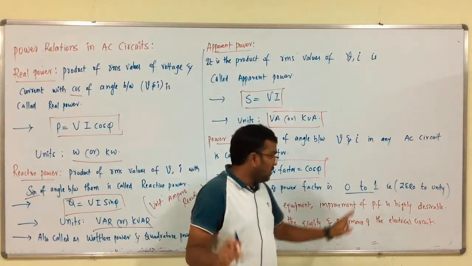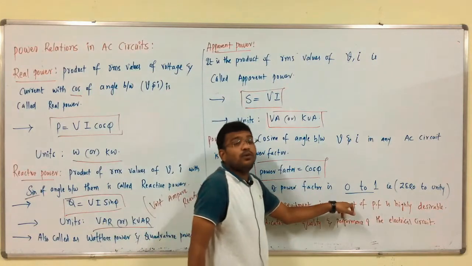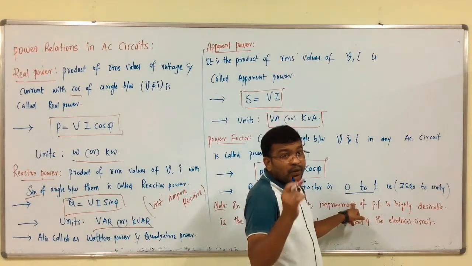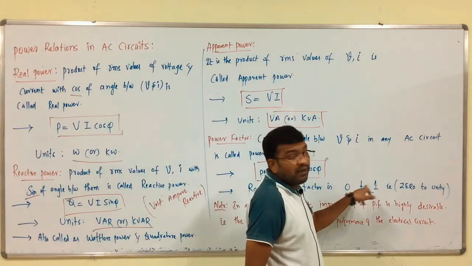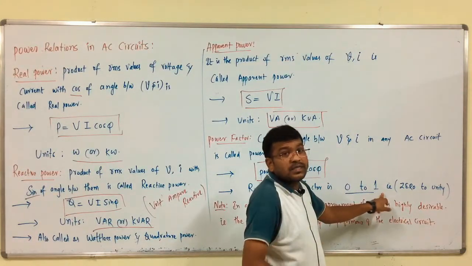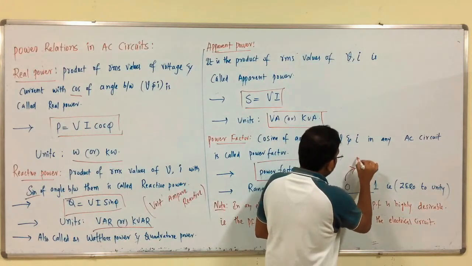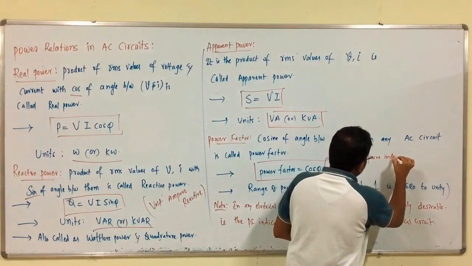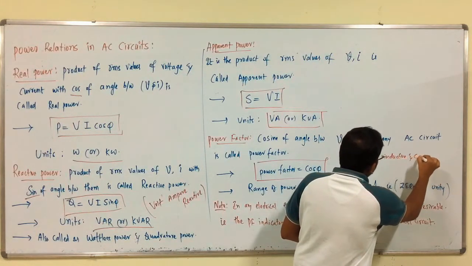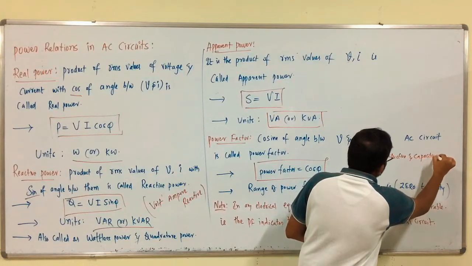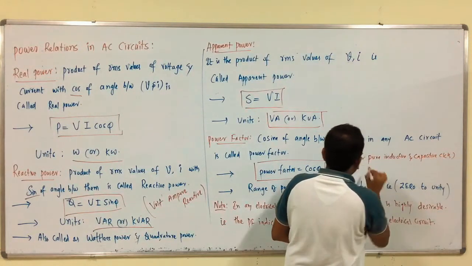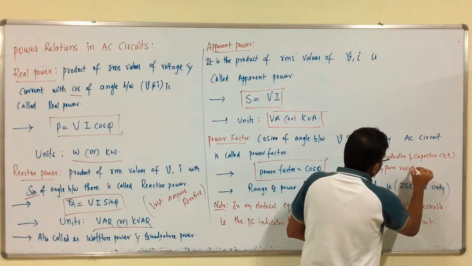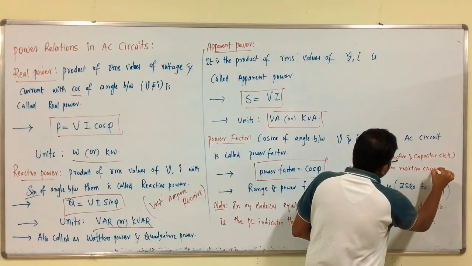The range of power factor is 0 to 1. We get 0 for pure inductive and pure capacitive circuits, and we get 1 for pure resistive circuit.